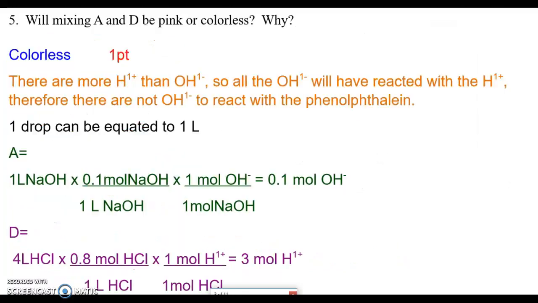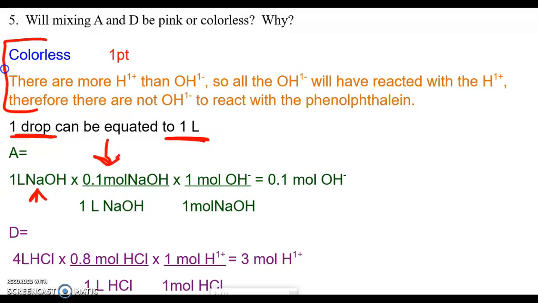This is another way of putting it. So right here is what I just went over with you. But now we could talk about the mathematics of this problem. So since we're talking about drops of each of those solutions, we could say a drop is a liter. Okay, and then we could do some mathematics with it. So in A, we started with 1 liter of sodium hydroxide.